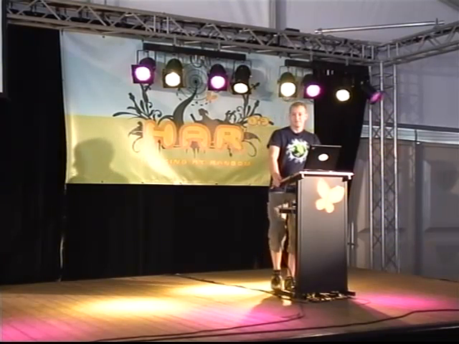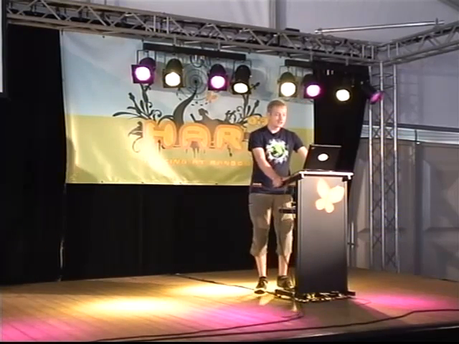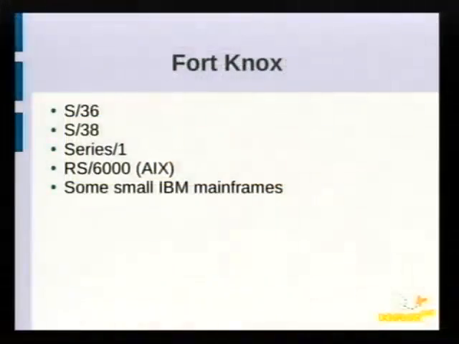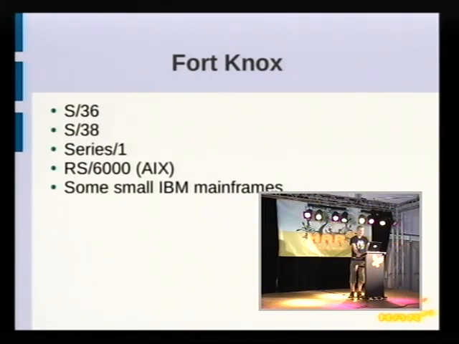Then IBM started a project called Fort Knox, and they wanted to combine some of their mid-range systems into one new system. They even went so far as declaring the System 38 non-strategic and discouraged people from even buying it. So that was not a good thing for Rochester.